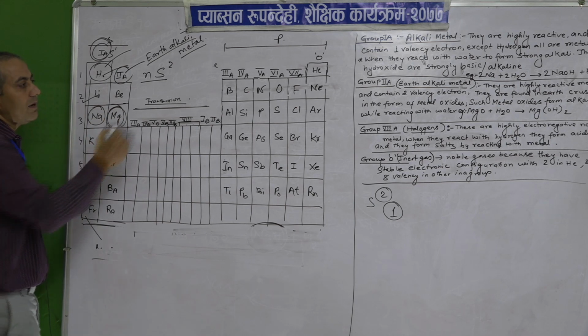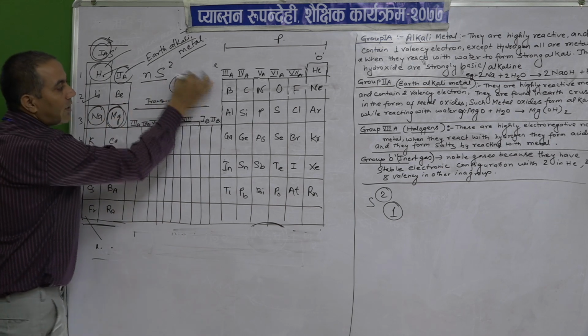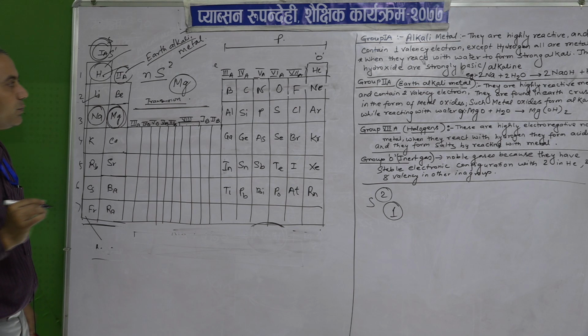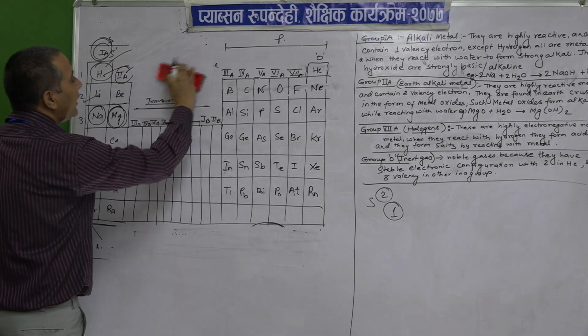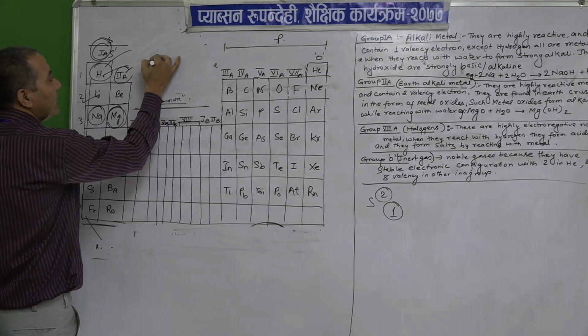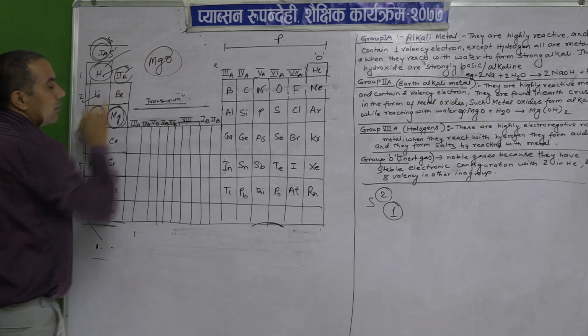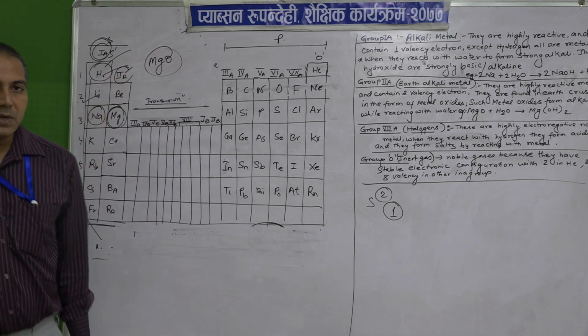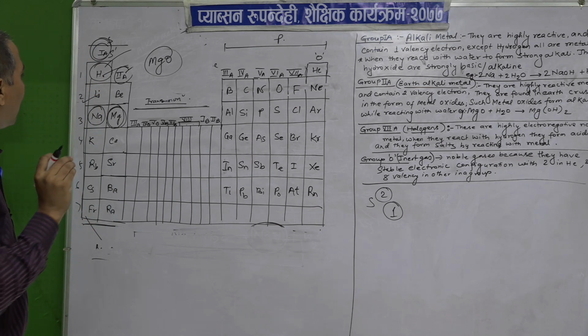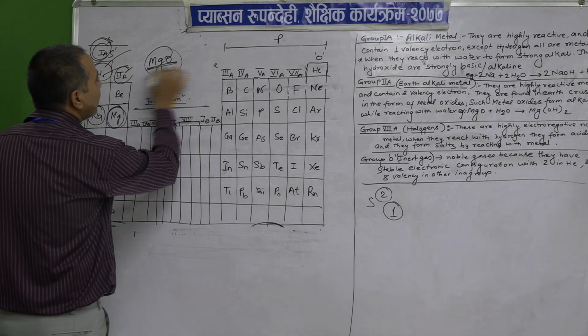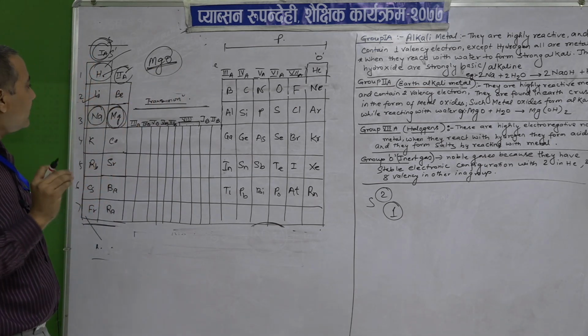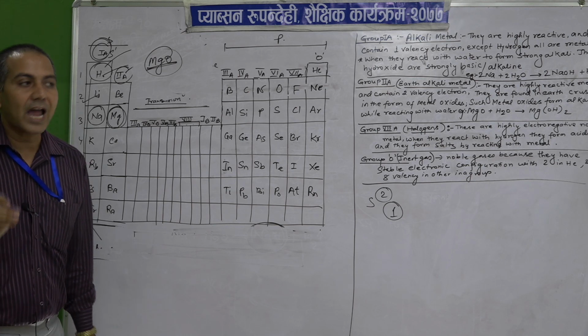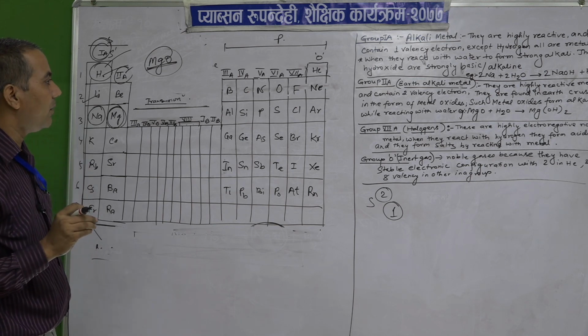Magnesium is not found in pure form. It is found inside the earth in the form of magnesium oxide, combined with oxygen, as an oxide.